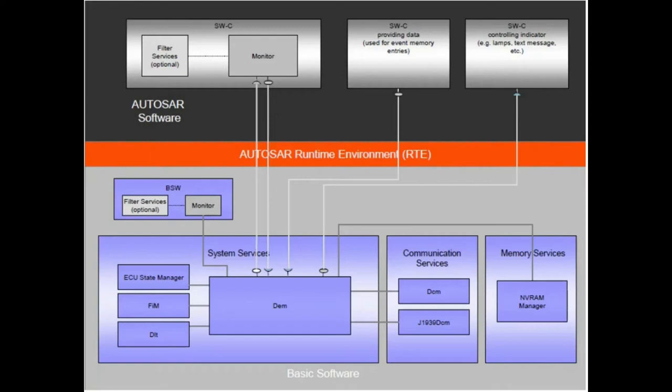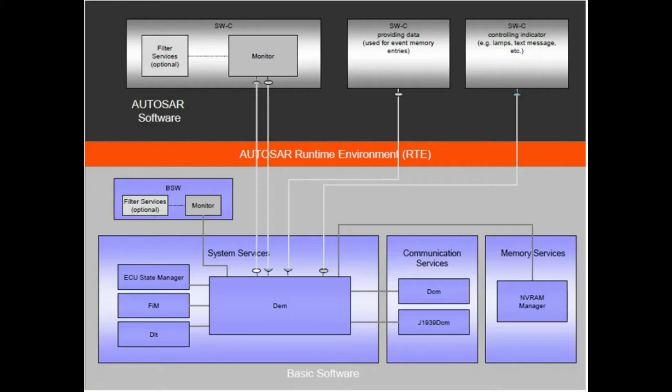I already explained this in the previous video. AUTOSAR has three layers. One is BSW. Below the BSW we have MCAL, which is the microcontroller abstraction layer. Above the basic software we have RTE.